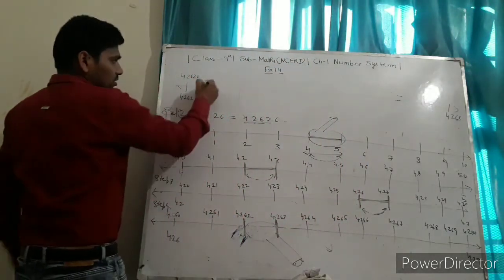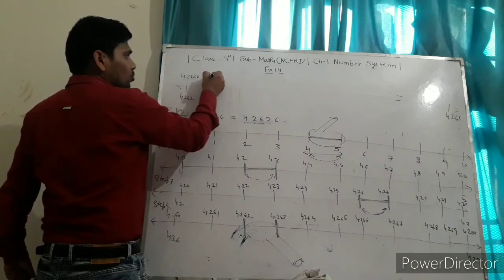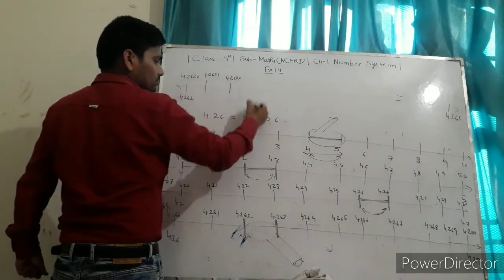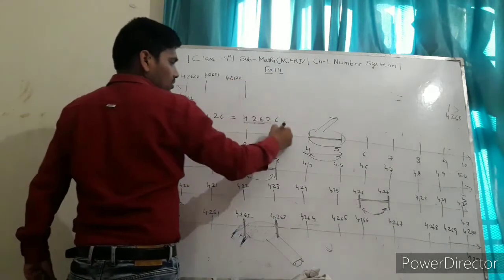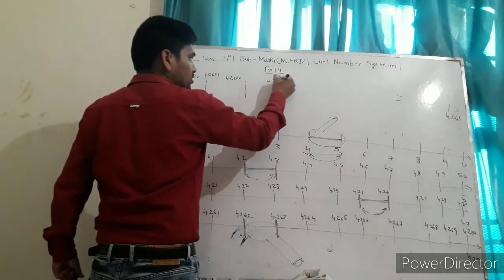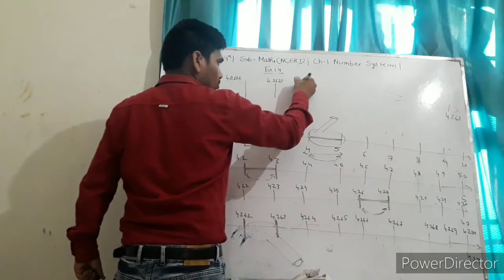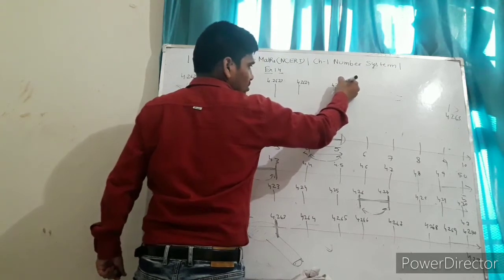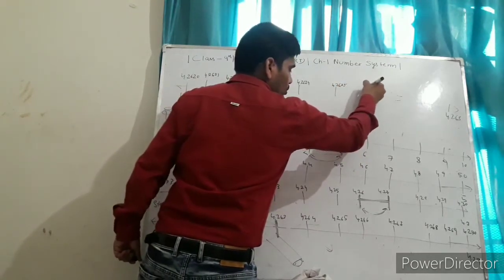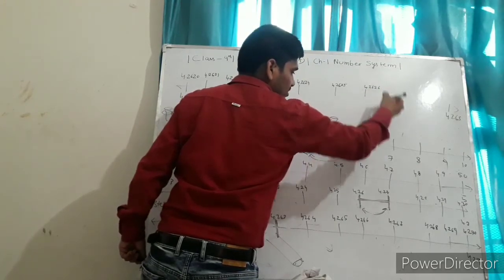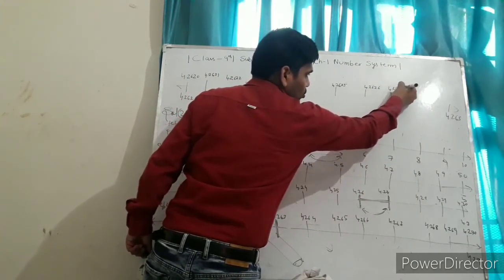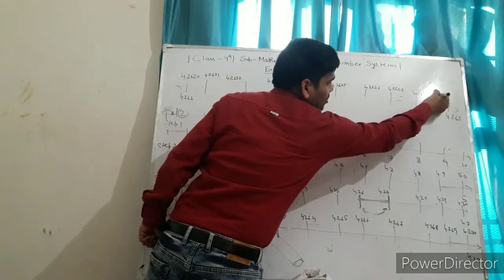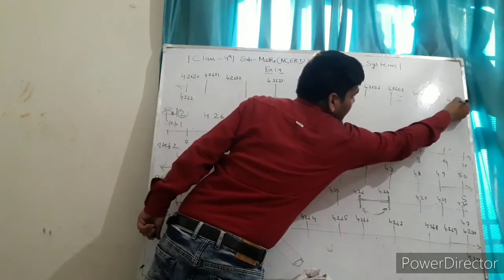How can I write it? Suppose this one becomes 4.2621, 4.2622, 4.2623, 4.2624, 4.2625, 4.2626, 4.2627, 4.2628, 4.2629, and 4.2630.